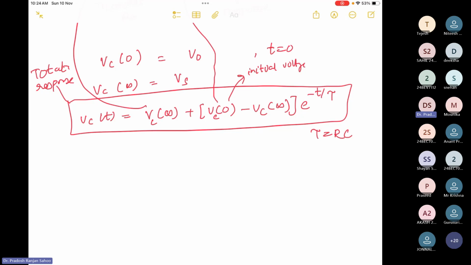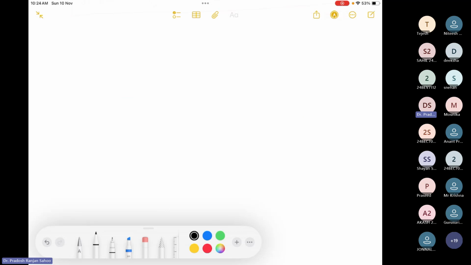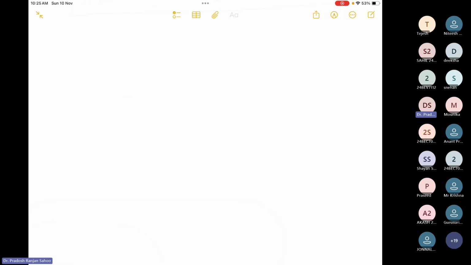Okay. Now we'll have an RC circuit here. So draw the circuit first. All of you please write it down in your class note. You will definitely get 10-mark questions from this total response.